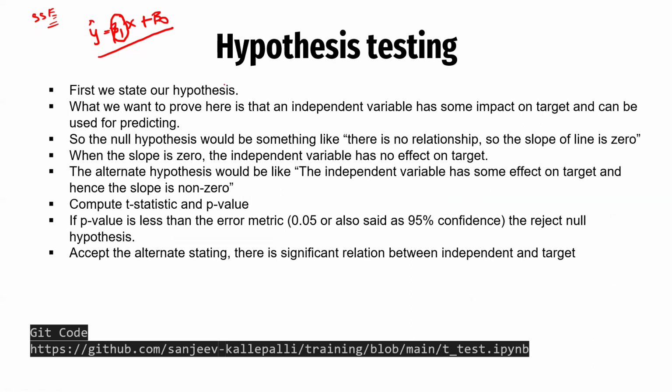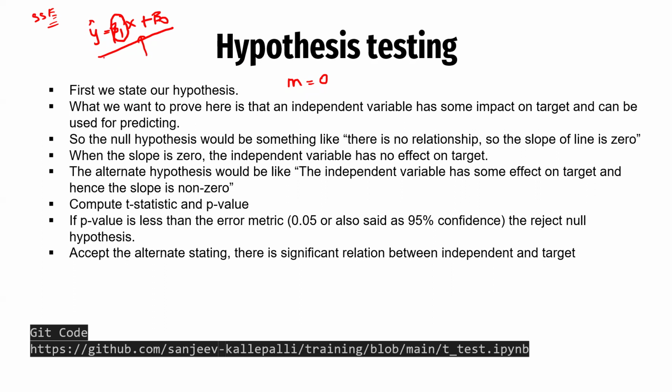So our null hypothesis will be that there is no relationship. The slope will be zero. And if there is no relationship, I can predict y hat without having my x values. That is what my null hypothesis says. My model says y hat is equal to beta 1 x plus beta naught.